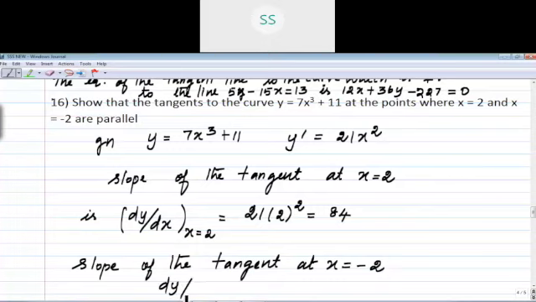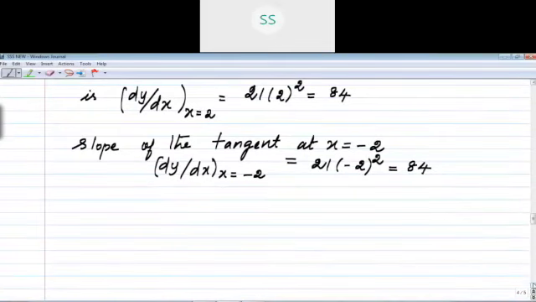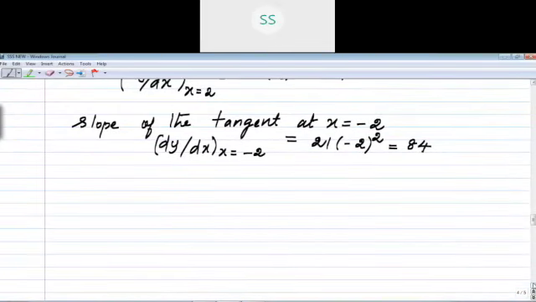Here dy by dx at x is equal to minus 2 is 21 into minus 2, the whole square, which is equal to 84. Now you see the slopes are equal. If the slopes are equal, what is your conclusion? The tangents are parallel.